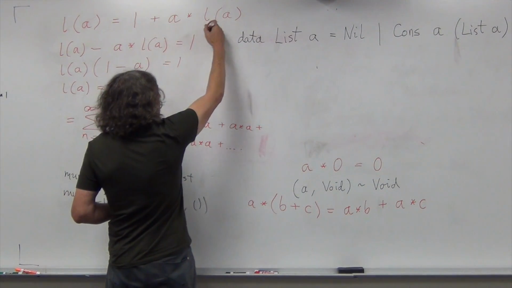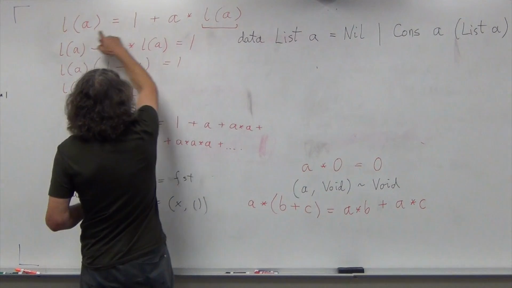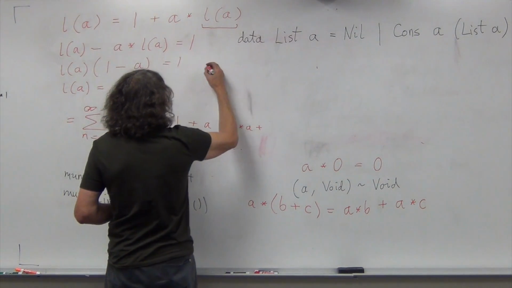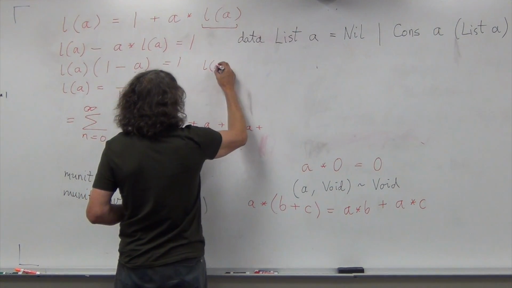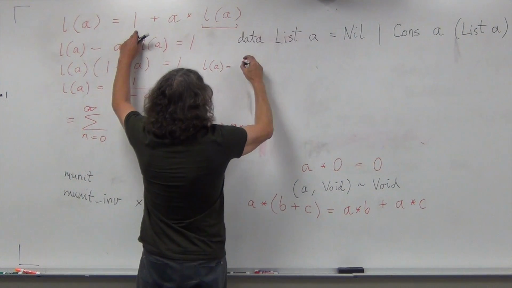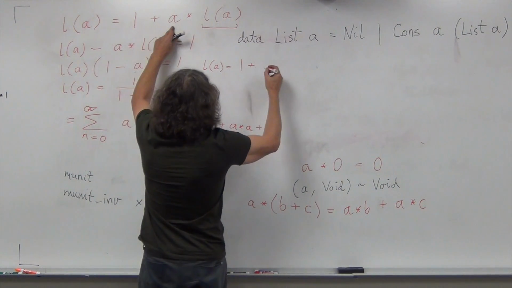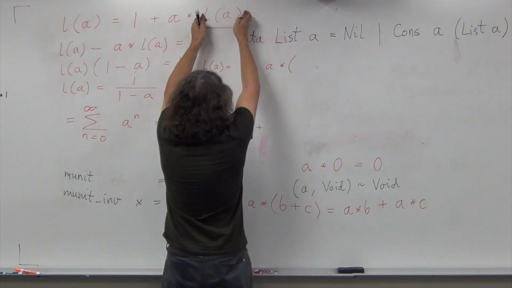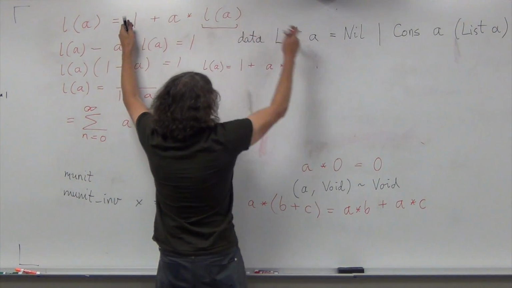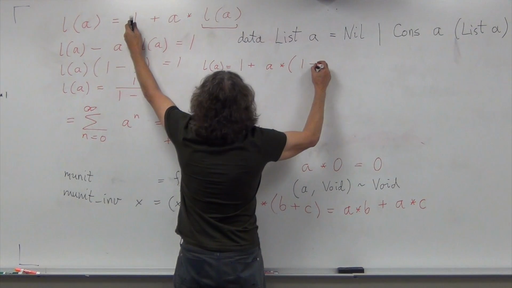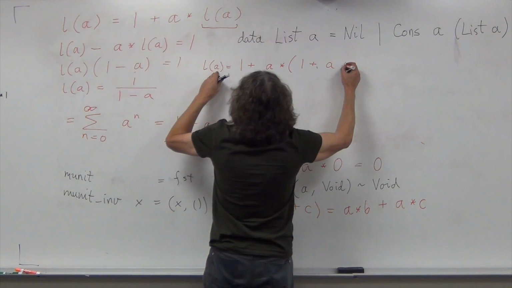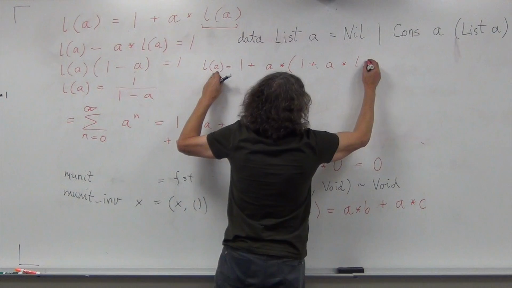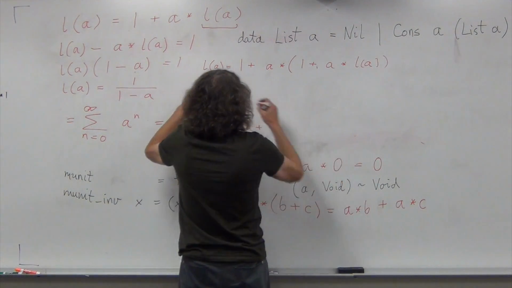So let me substitute for L of A. I will substitute the whole thing. So I have L of A equals 1 plus A times, and for L of A, I'm substituting this whole thing. So it is 1 plus A times L of A.